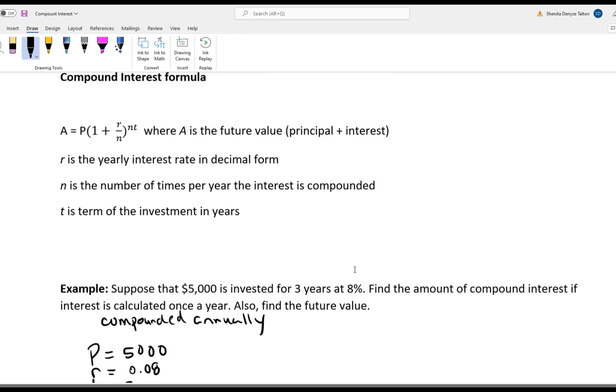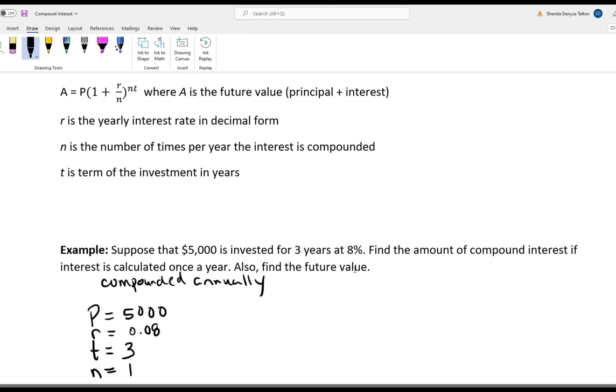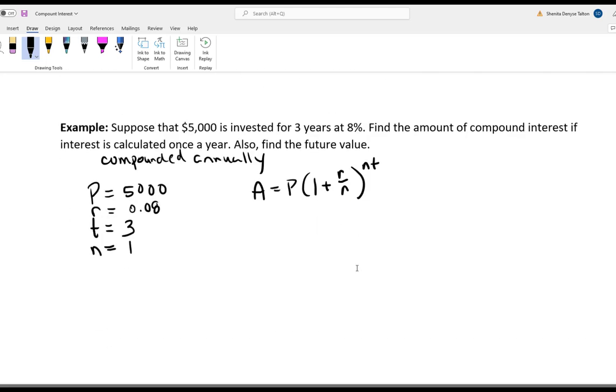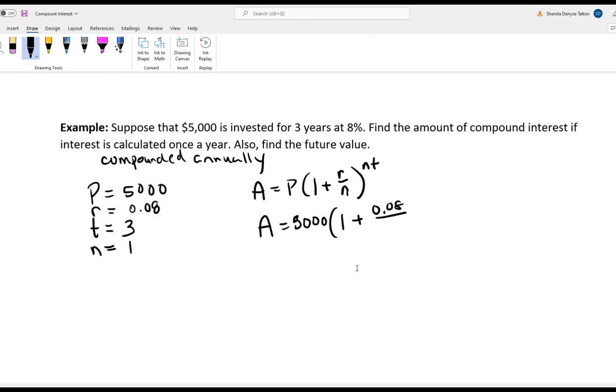So we are going to put everything back into this formula. A is equal to P times 1 plus R over N raised to the NT. So this will be A is equal to 5,000 times 1 plus 0.08 all over N. N is 1. We're going to raise it to the N times T, so that will be 1 times 3.